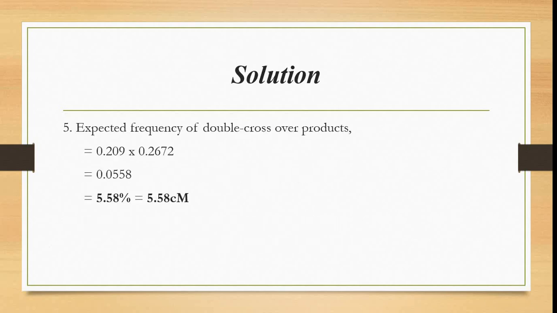Alright, so the next question, what is the expected frequency of double crossover products? We already know the observed frequency, the observed number of double crossover. That is the 31 and the 25, right? But then, how do we calculate the expected frequency?